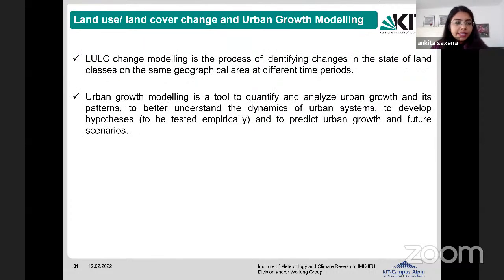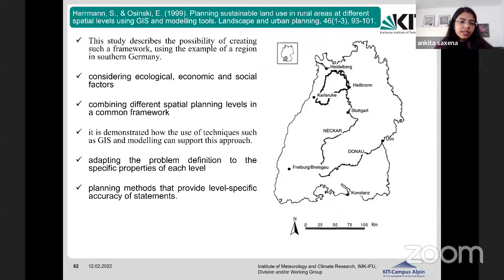And this is one study which was carried out by testing different scenarios and was considering different ecological, economic, and social factors, and was quite helpful in giving the projections for the year 2030.